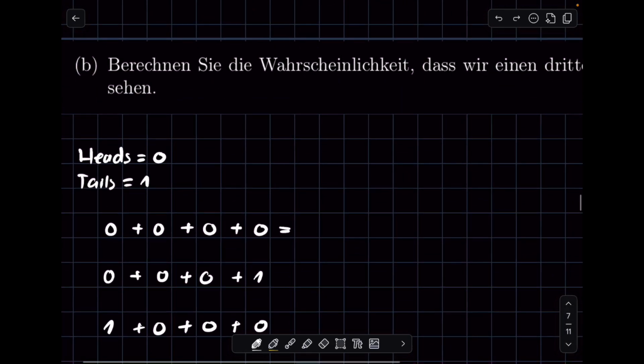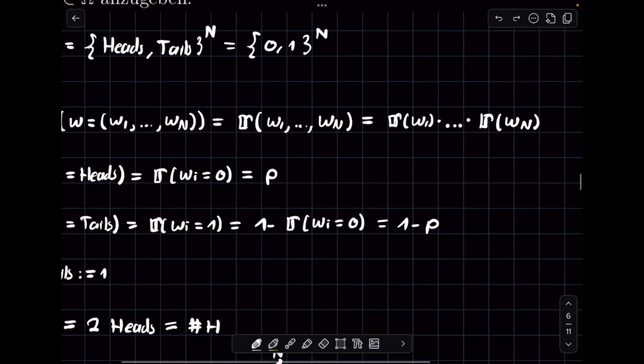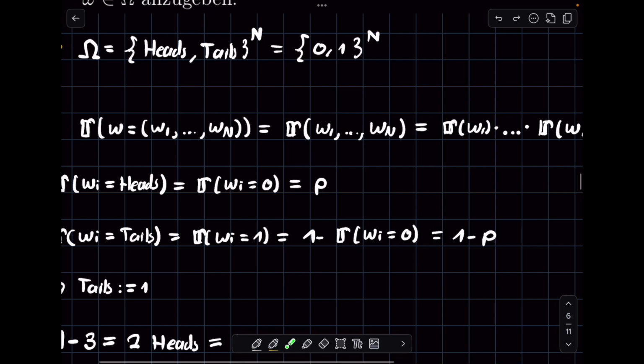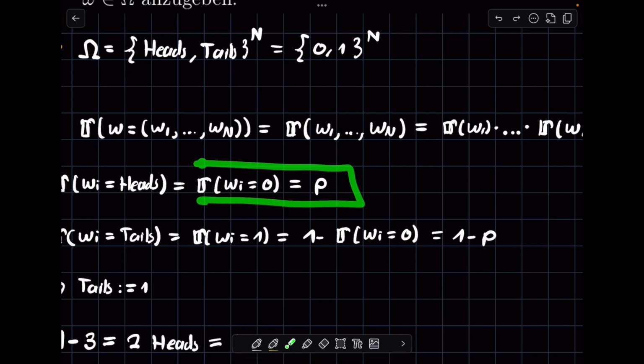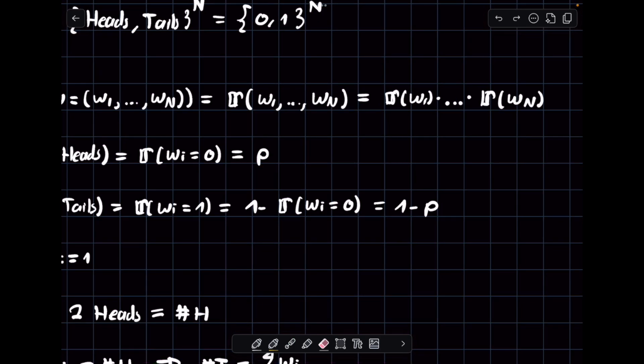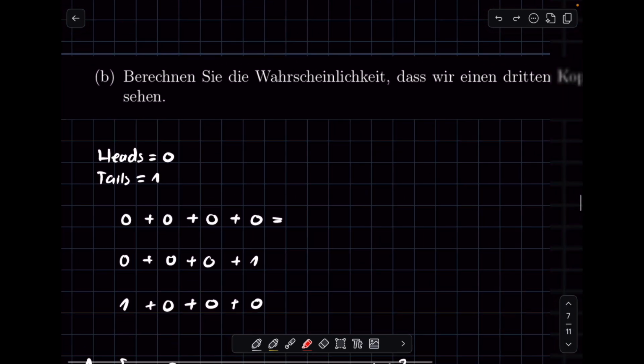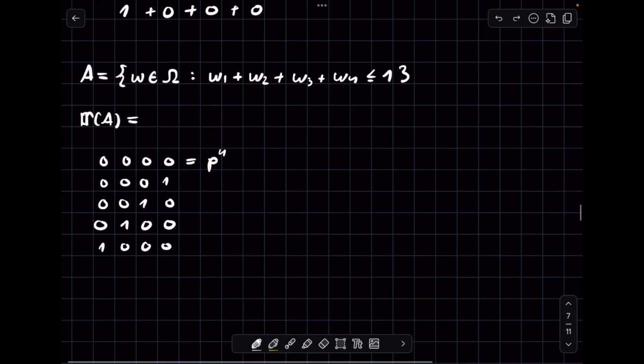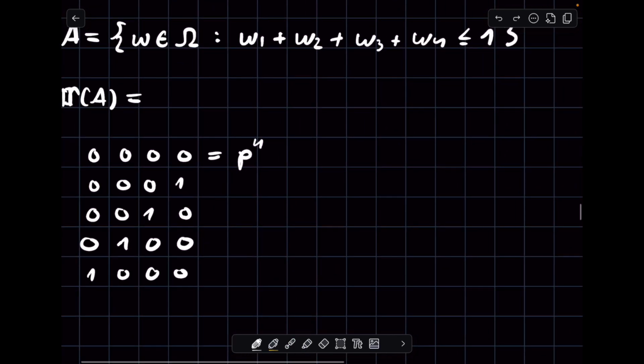Remember what we did here, over here, we said that whenever we get omega i equal to 0, it's going to be equal to p. And whenever we get omega i equal to 1, we're going to get 1 minus p, right? So we're just working with those probabilities. And because we have 4 heads here, we're just going to place p to the power of 4. Because they're independent, we can multiply them.